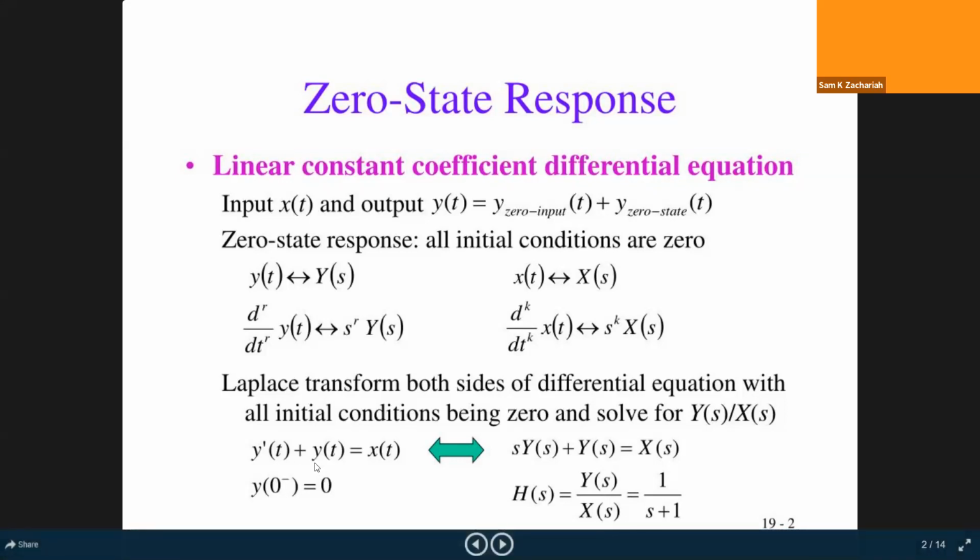Otherwise a y(0) term will also come when taking the Laplace transform of the first derivative. Then you can take the ratio Y(s) by X(s) is equal to 1 by s plus 1. This is the transfer function of the first order low pass system. H(s) is called the transfer function. We will come to details further.